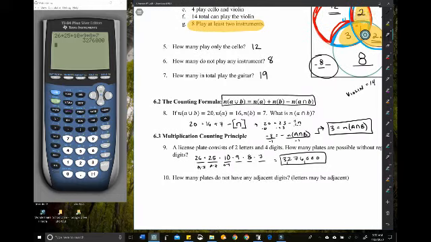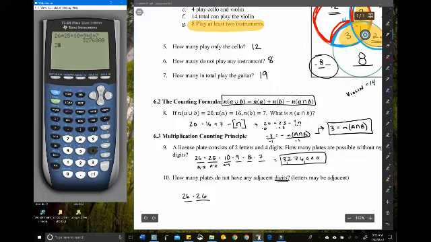How many plates do not have any adjacent digits? Doesn't matter about the letters. So the letters, it doesn't specify anything for those. So that's just going to be 26 times 26. The numbers, or the digits, so I can have 10 for the first. I could have 9 for the next option. 9 and 9.